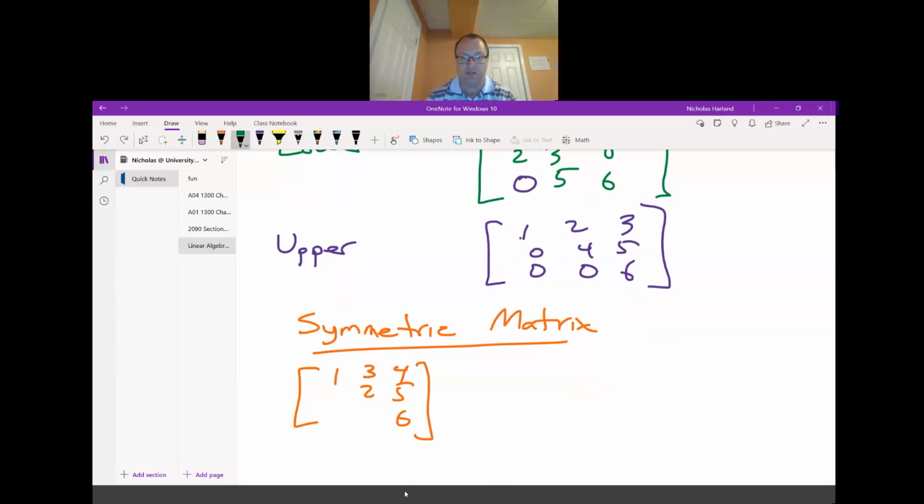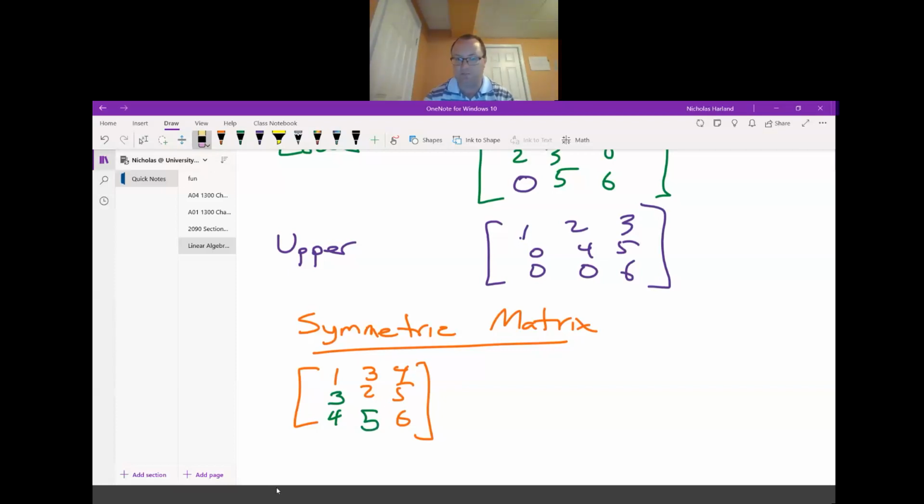In other words, since you had a 3 here, you have to get a 3 on that side. Similarly, a 4 here forces a 4 there. And a 5 here forces a 5 on the corresponding entry.